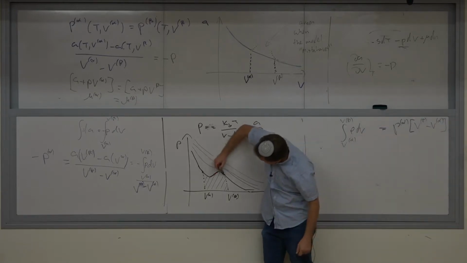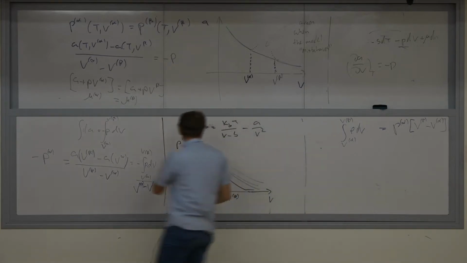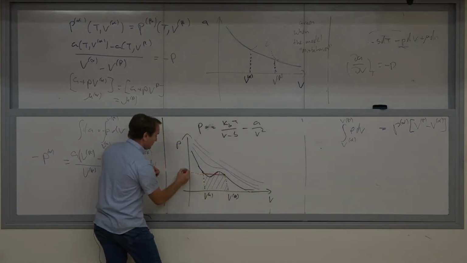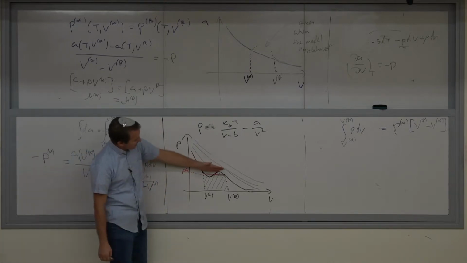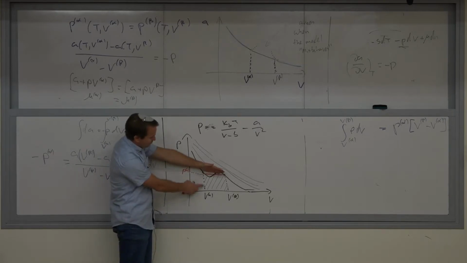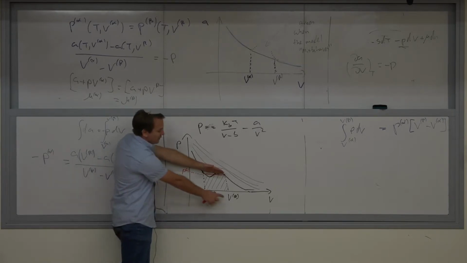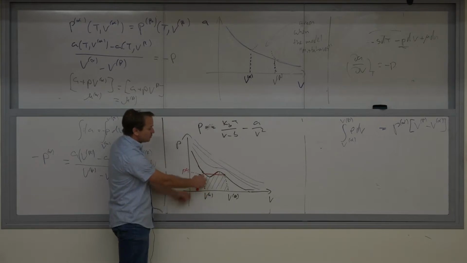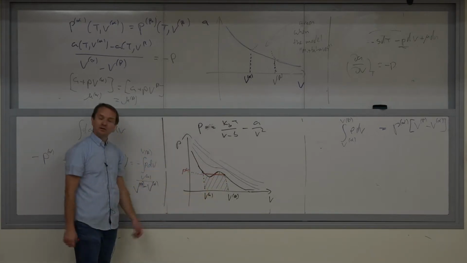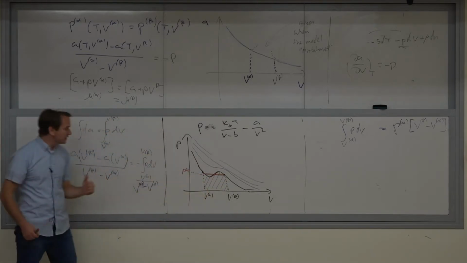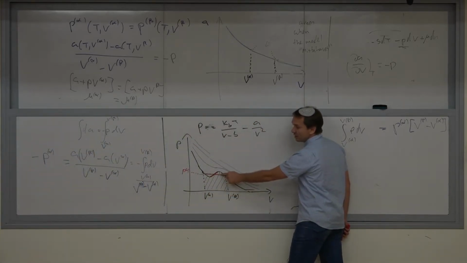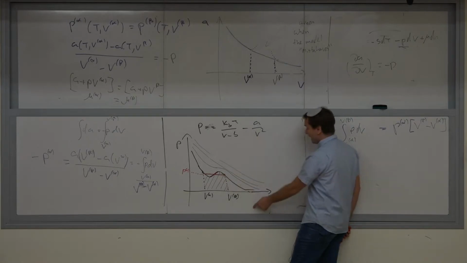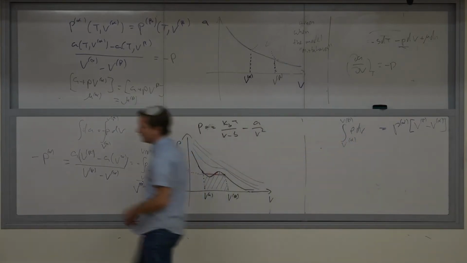It's an area of this function. So we have a constant P alpha, and we claim that the area of this rectangle, with a height of P alpha and a width of V beta minus V alpha, is equal to the integral.